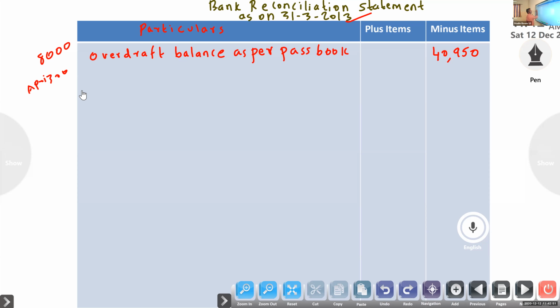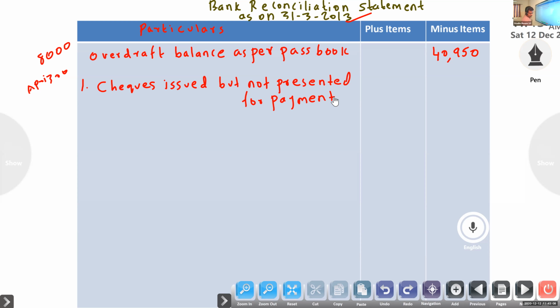So what is the point? Checks issued but not presented for payment. So in the minus column you have to write 3,000, not 8,000. Out of 8,000, 3,000 was encashed in April only.